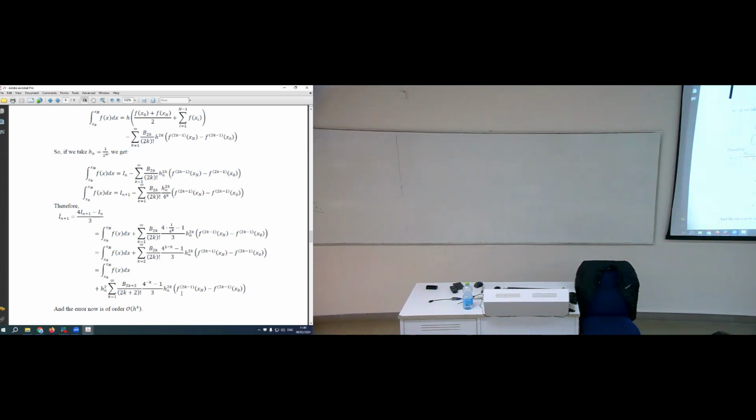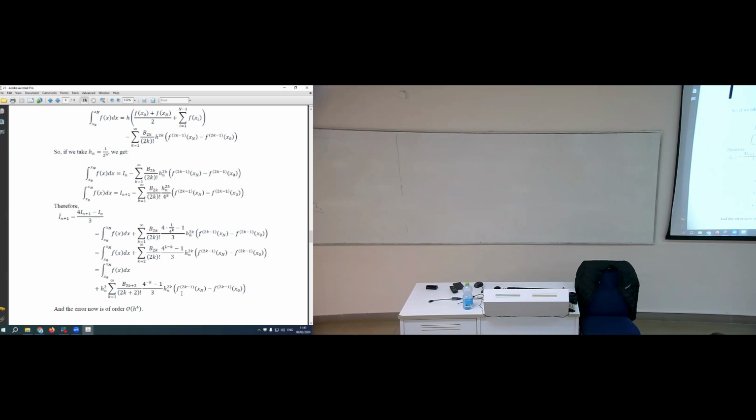So you have this constant, which depends on the function at the endpoints. I tilde n has an error of h to the 4th and so on, and I tilde n plus 1 has an error of h to the 4th and so on. So I can use them and make this h to the 4th cancel out.